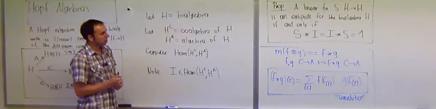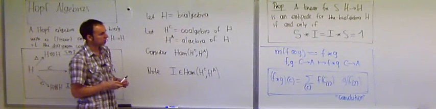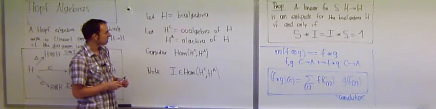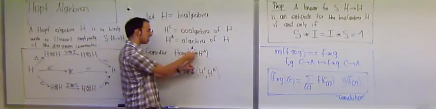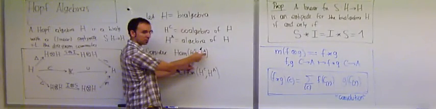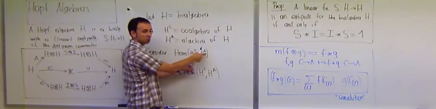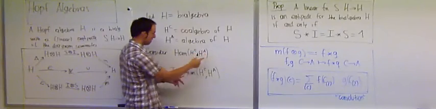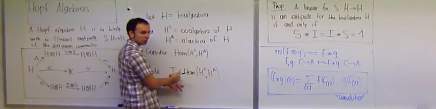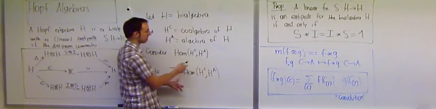Okay? And so what I'm claiming is that a linear function S from H to H, which if you want to be more careful, you would say goes from HC to HA, so that it actually lives here, is going to be an antipode if and only if it's an inverse for this guy, in this funny algebra.